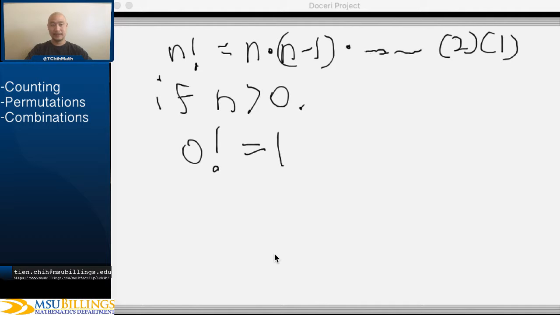Now, there are a number of reasons why we would define 0 factorial to be 1. This is a natural question that comes up, like why isn't 0 factorial 0?